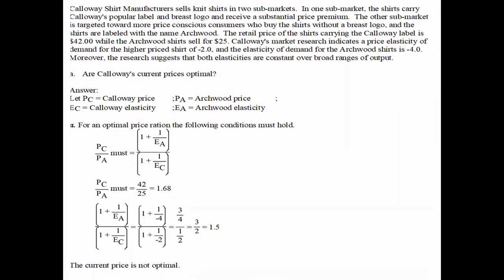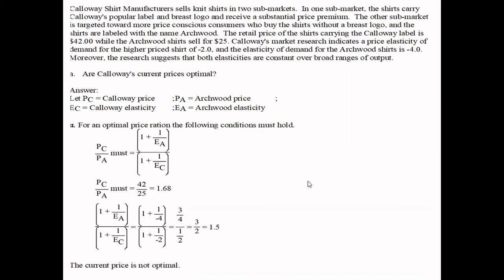If we look at this market research, they did a survey and started to look at the price elasticity. What is the price elasticity? They said for the higher-priced product the elasticity is -2, and for the other product it is -4. So we are going to recall the previous equation and compare the two types of product.